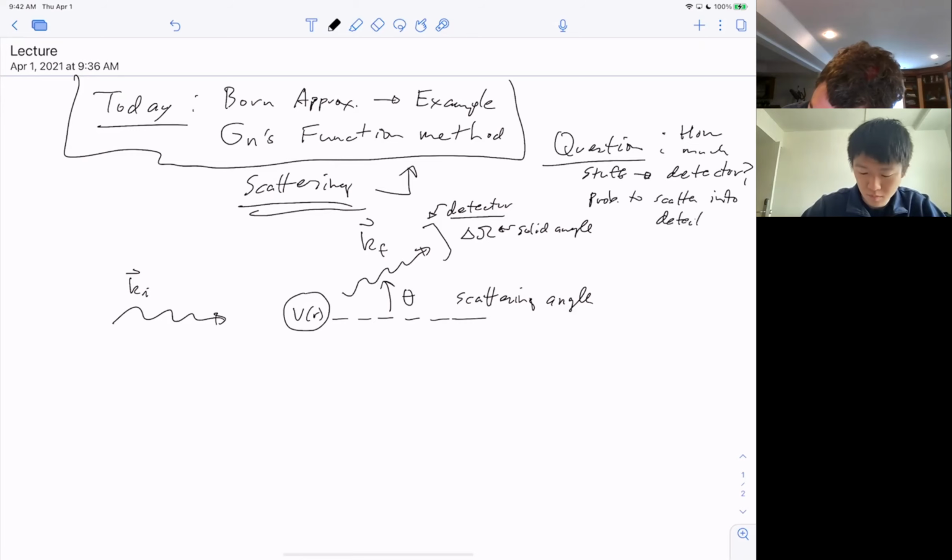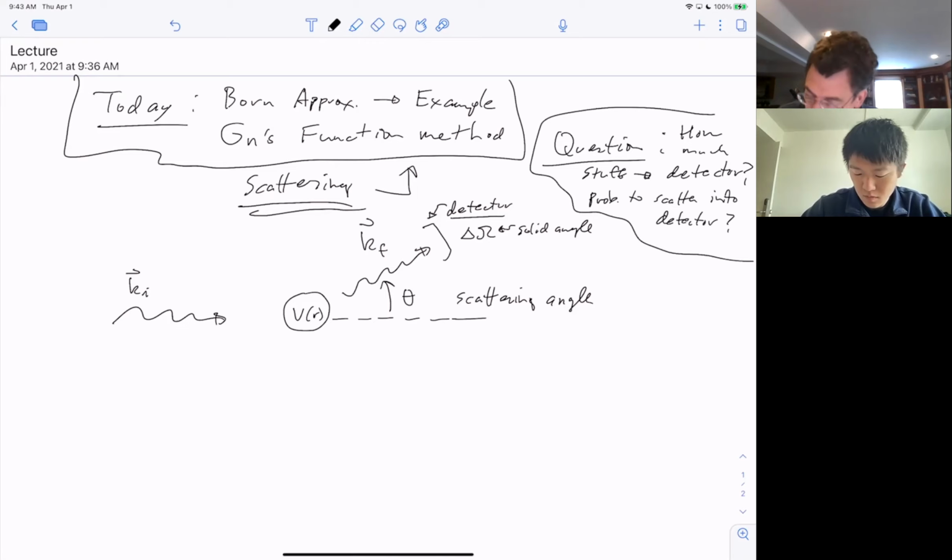That's the big quantum mechanical question that we're trying to answer with scattering. Before diving into all the fancy math, there are some really simple ideas that you should get straight in your head, which I think are very helpful.